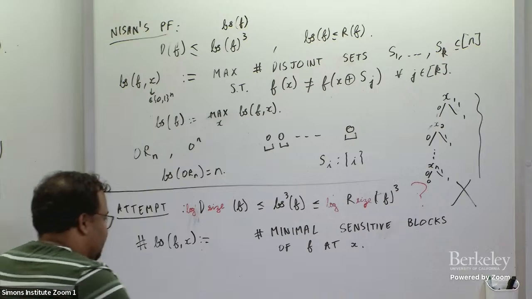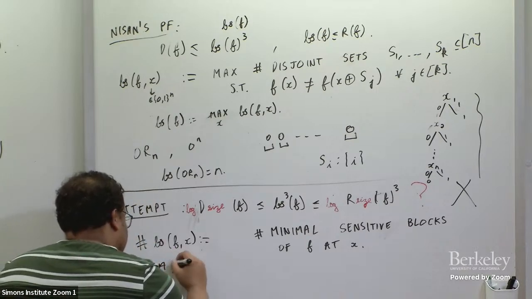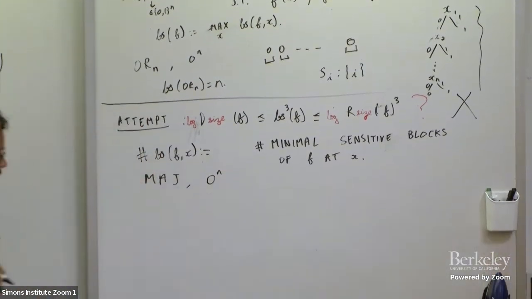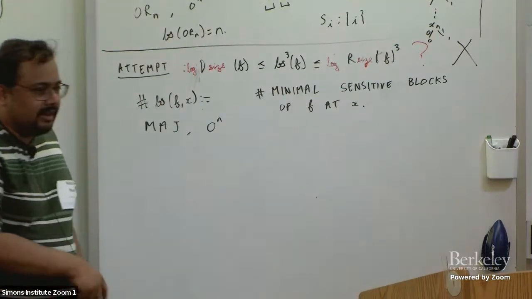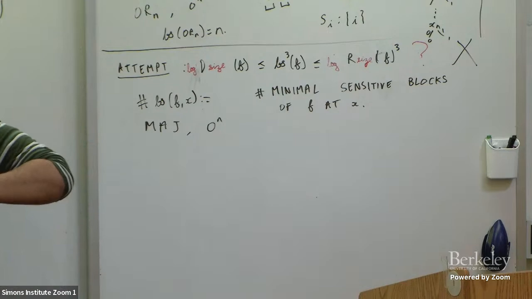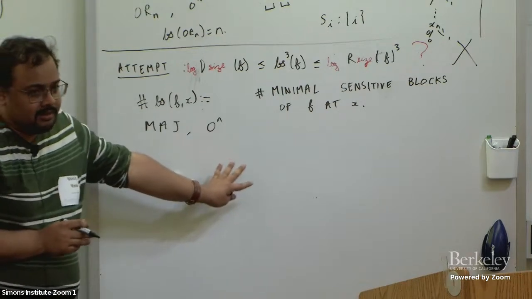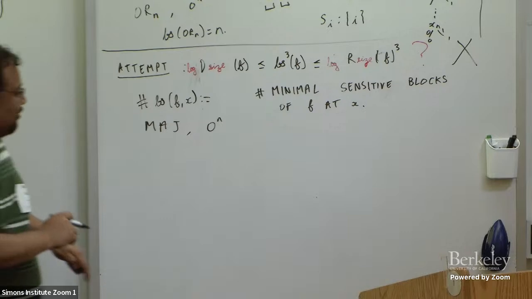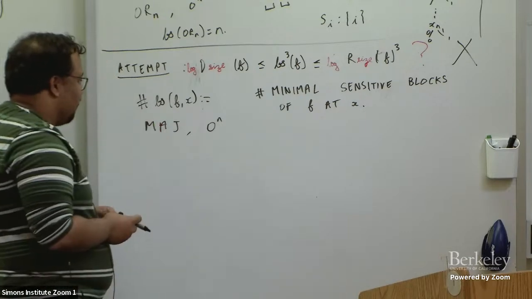So for example, if I look at the majority function, and I look at the all-0 input, you can check that the block sensitivity of this is basically 2 or 1, depending on how you define block sensitivity. But you have several minimal blocks here: any subset of size n/2 or n/2 plus 1, depending on your definition, is a minimal sensitive block.